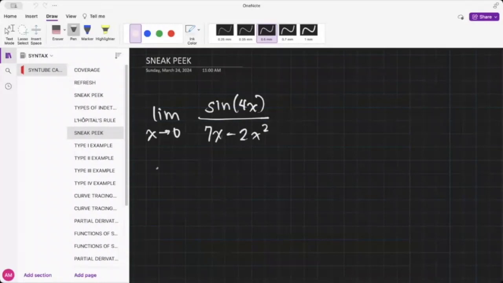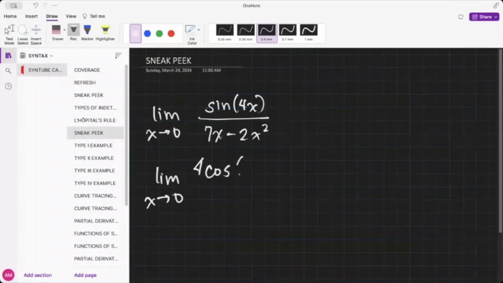So let's do that. Limit as x approaches 0. Ano yung derivative ng sine of 4x? So yung sine muna, derivative ng sine is cosine. But then, chain rule, so kailangan mo kunin din yung derivative nito, which is 4. 4 cosine of 4x. Over, derivative ng 7x is just 7.